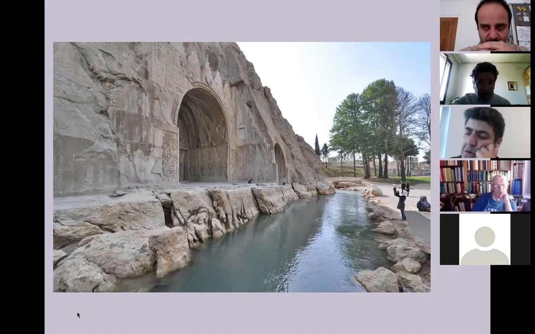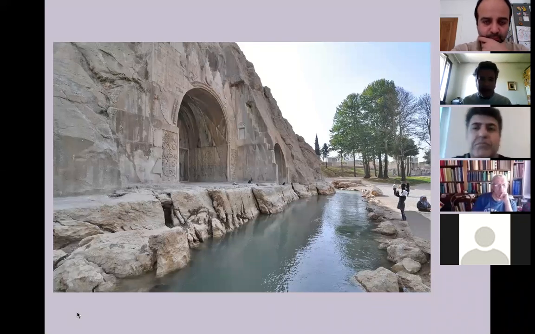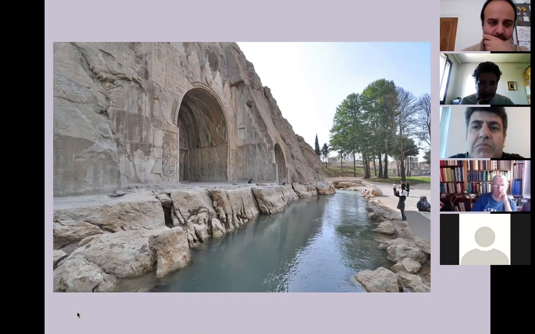Because what we have in Taq-i Bustan, and we have only here, is the decoration on the garments, which are a very interesting connection of this specific pre-Islamic monument with the Silk Road, because we are talking mainly about textile design here.